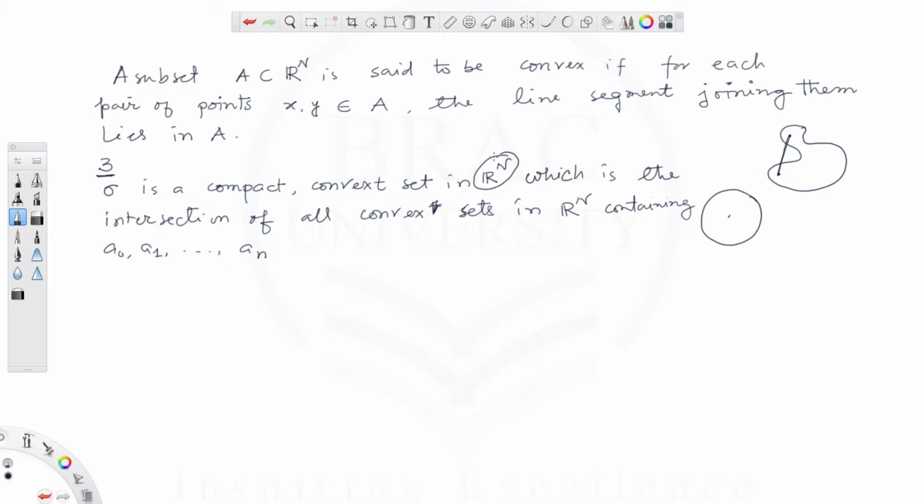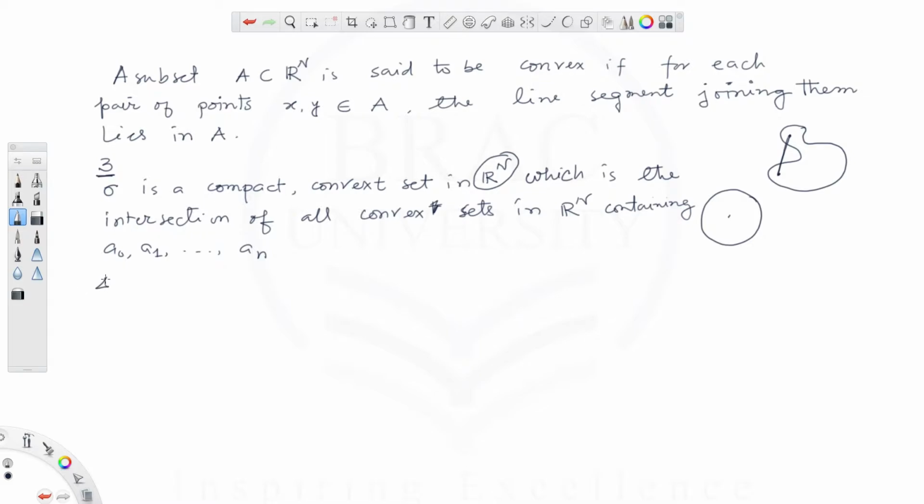We need the smallest convex set containing these n plus 1 points, and that smallest convex set is nothing but this n simplex. This is what the third property says.